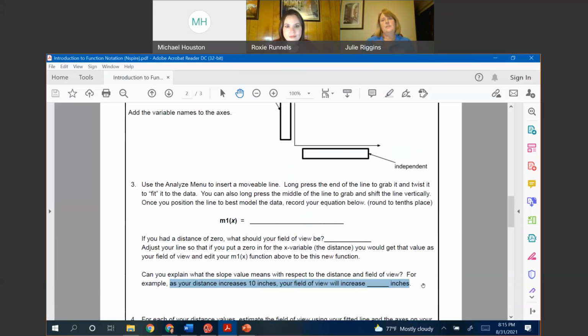And then I would want to extend that to as your distance increases 10 inches, especially if we wrote that fraction, 4/10, and really go ahead, like day one, start talking to them about change in y over change in x, right? So as the distance increases by 10, your field of view is going to increase by 4 inches. And I asked the kids, does that seem to make sense? If you backed up just a little bit, like 10 inches, is that going to show you 4 inches? And they're like, yeah, yeah.